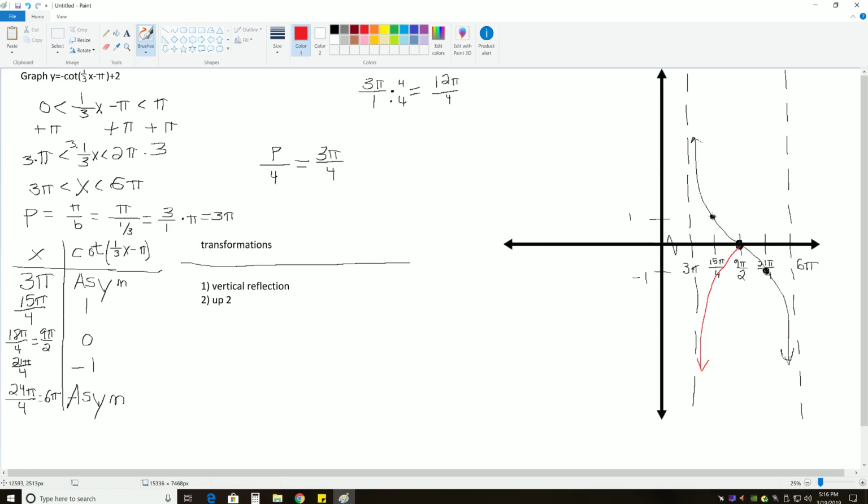So this value of 1 on the y-axis will come down to negative 1. This point on the x-axis has a y value of 0. When you multiply it by negative, it stays right where it's at. And finally, this negative 1 multiplied by a negative gives us a positive 1. So our new graph looks like this.